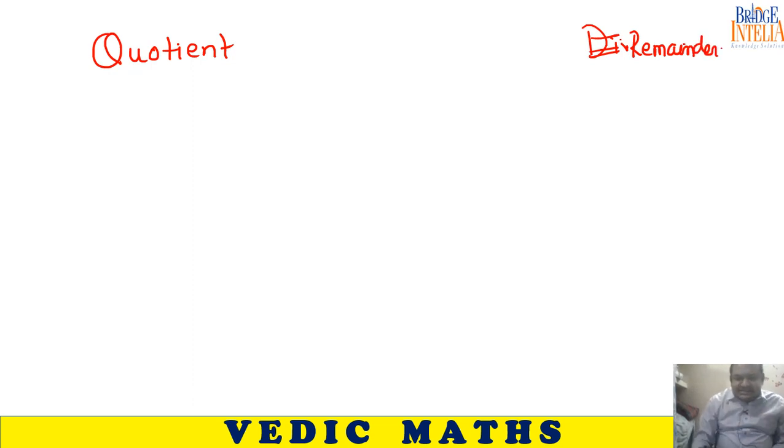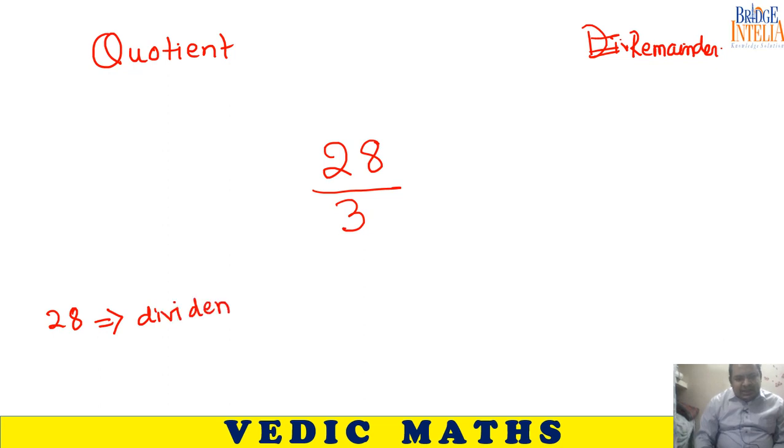Now let us take an example. If we are trying to divide 28 by 3, what is the meaning of quotient? What is the meaning of remainder? So 28 is known as the dividend. You are trying to divide 28 by 3, so 3 is known as the divisor.